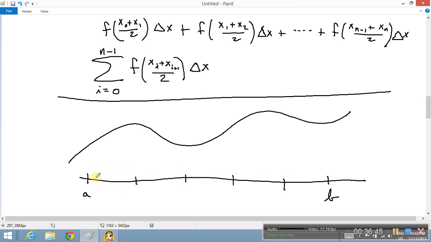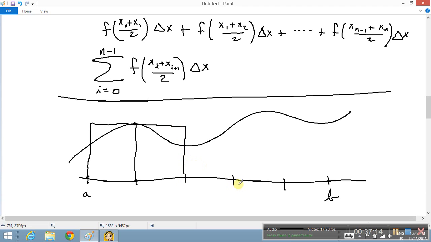For each piece, you look at your function and you say, I want to be the big guy. I want to be the maximizer. So on this interval, I'm going to pick the biggest value that I've got, which looks like it's going to be right there on top of the mountain. That's the biggest value, and that's what I'm going to use as the height. For each subinterval, I will pick the biggest that it gets. That's the height.